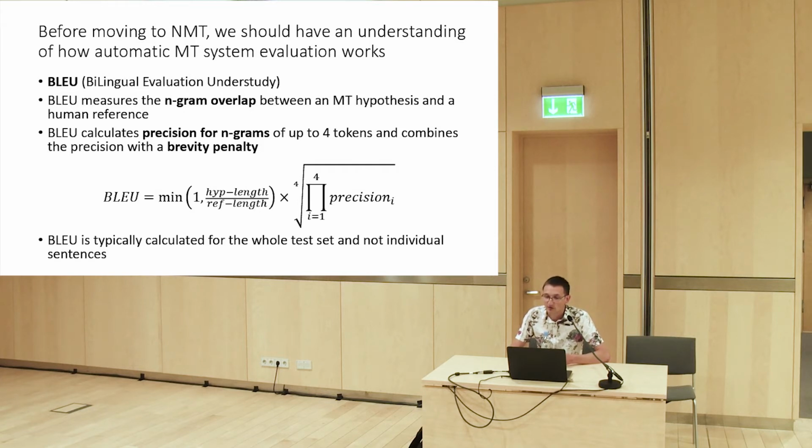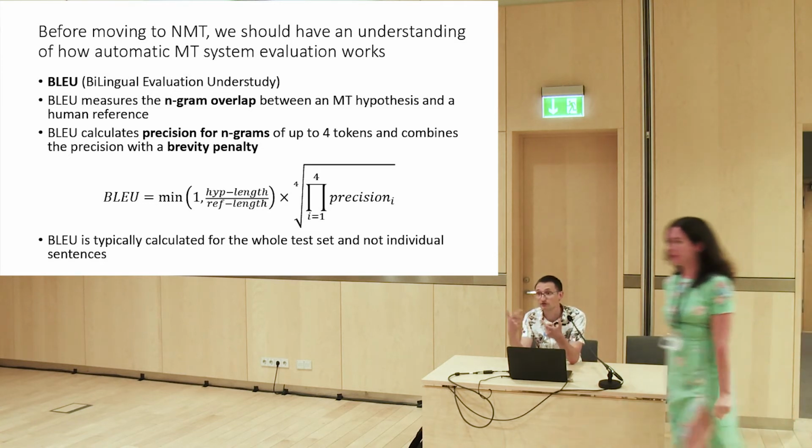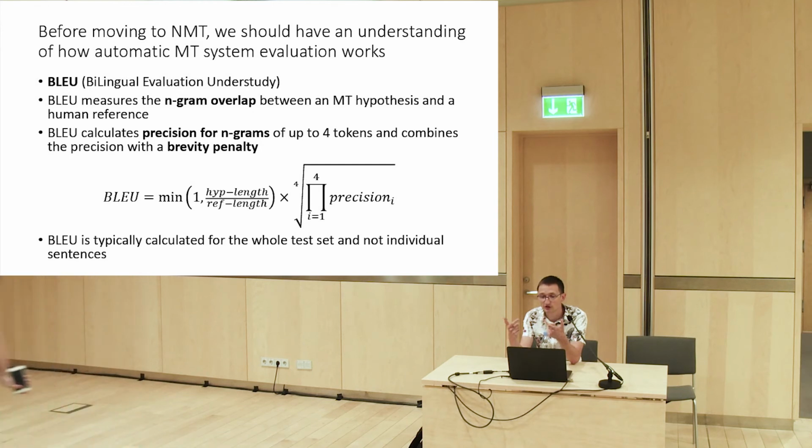When we show BLEU a machine translation suggestion and the true reference, the human translation, it calculates the precision of n-grams that are found within the machine translation hypothesis and the reference. So how many of the n-grams in the machine translation output are correct translations. The score is averaged out over unigrams, bigrams, trigrams, and 4-grams.